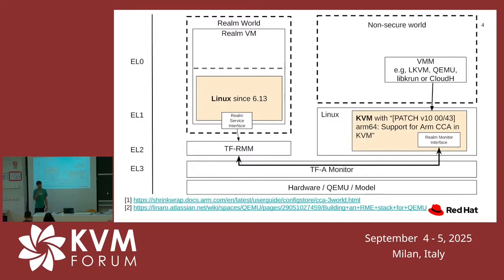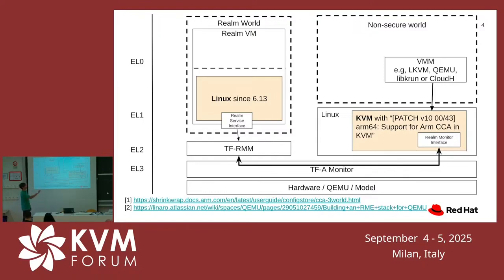Just to have an idea of the different software components that are deployed to have a host that supports ARM CCA: we have two worlds, let's say, the realm world and the non-secure world. To connect both worlds, we have the TF-A monitor, which is running in EL3.